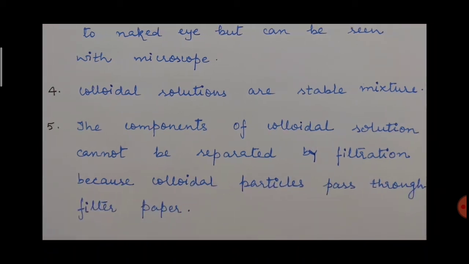Now the fifth and last point is that the components of a colloidal solution cannot be separated by filtration because colloidal particles pass through filter paper. Again, for this last property, we have to consider the size of colloidal particles.